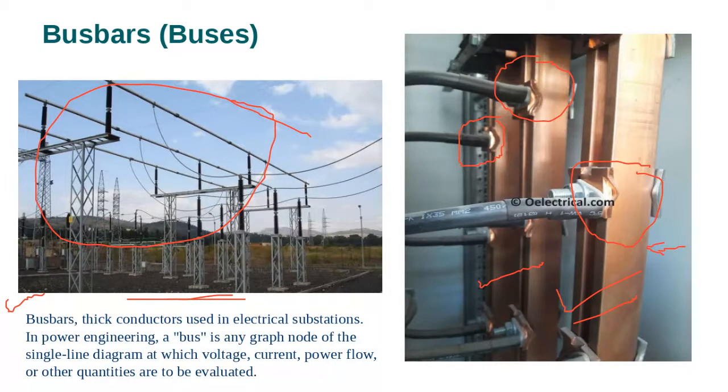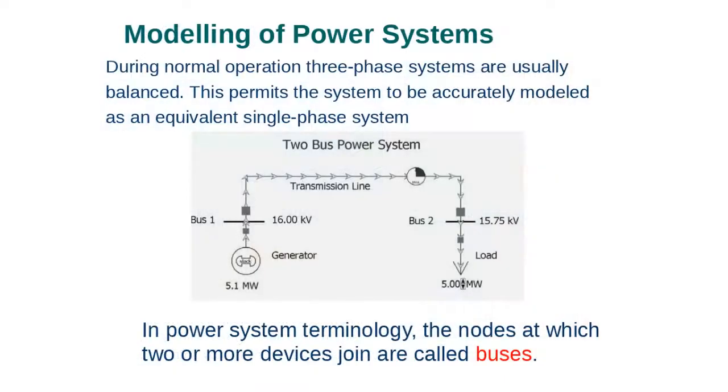Okay, so we call these buses. And when we draw it again, just think that we draw only one line. Why? Because the other phases will have the same magnitude of current and of power. But then remember, the power which is here is for the three-phase.